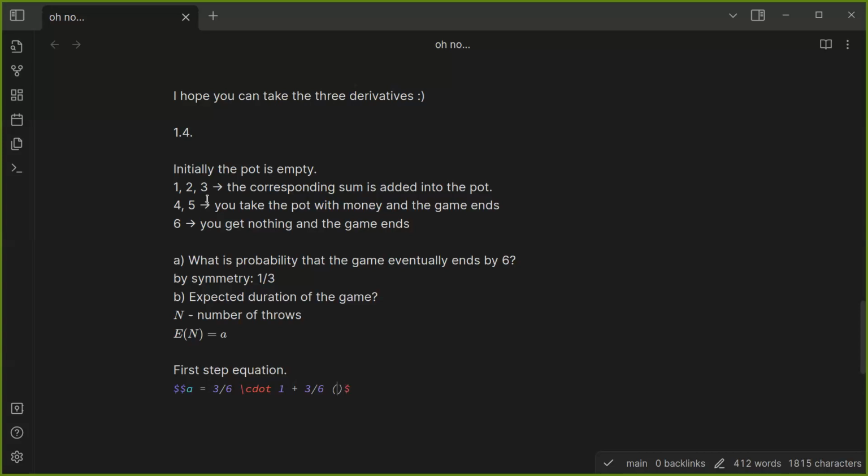I will do one move and I will go back to the original situation. So the same logic applies. It's the expected value of n plus 1.